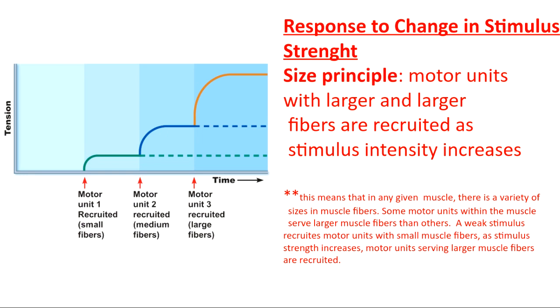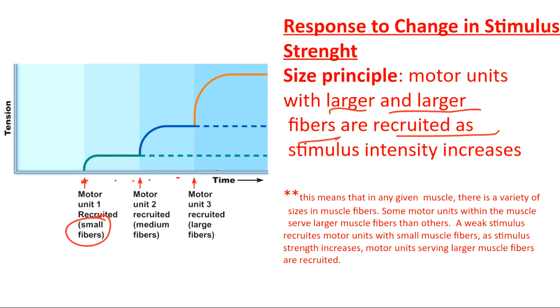So the size principle of motor units: as we continue to stimulate the muscle, larger and larger fibers are recruited. So the first stimulus gives you motor units with the small muscle fibers, meaning small muscle cells. Within a muscle, you have different sizes of muscle cells, and the first ones to be recruited, stimulated, are going to be the small ones.